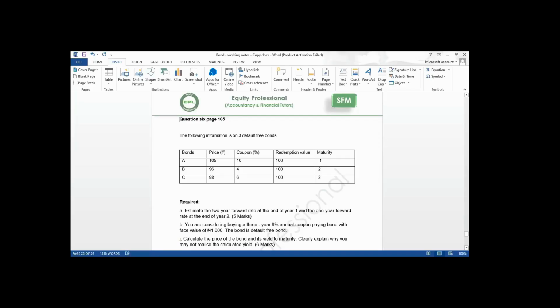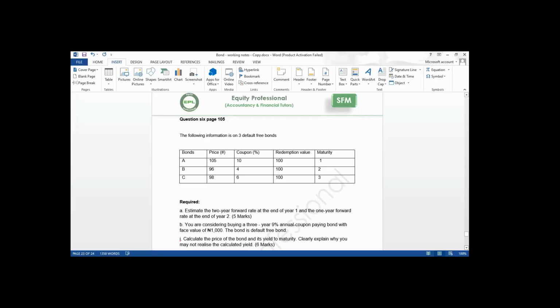Estimate 2-year forward rates at the end of year 1 and 1-year forward rates at the end of year 2. Now, the first point: to estimate forward rates, you require the spot rates.